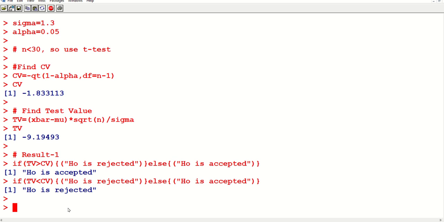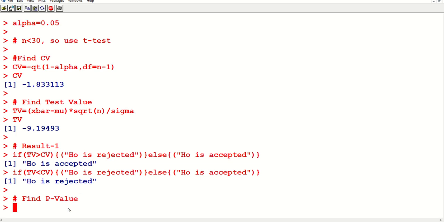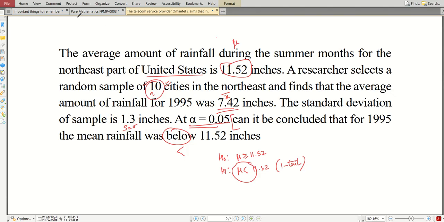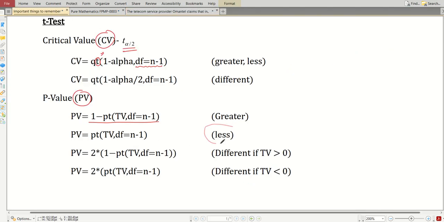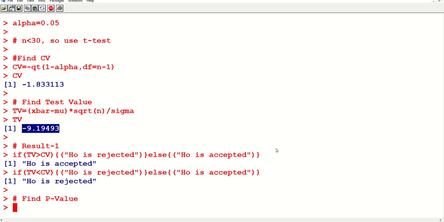Okay. Now find the p value, and if you will calculate p value, what will it be? The test value is negative, and it is one-sided. Test value is negative and less. So this is PT of TV, you need to use this. So p value is equal to PT, bracket start TV comma DF is equal to n minus 1.